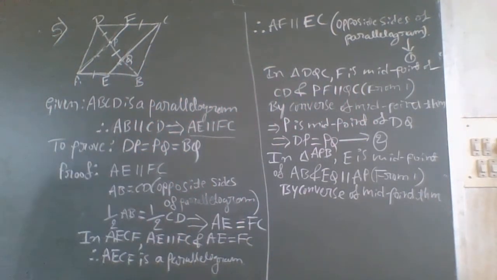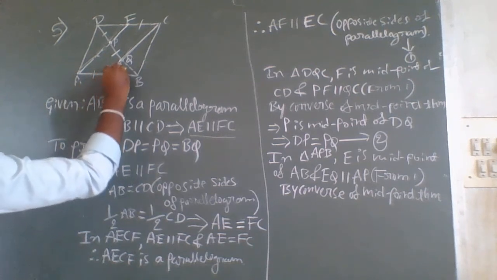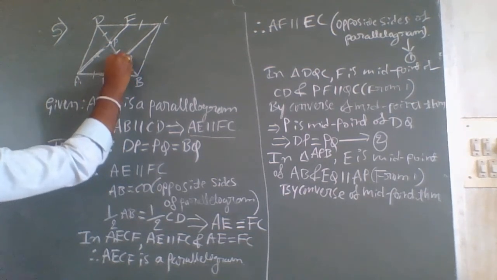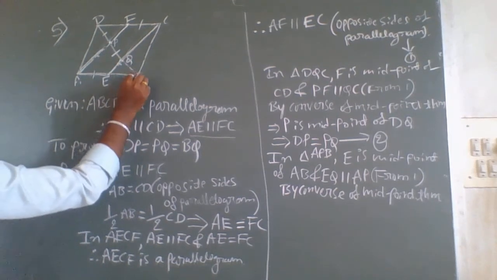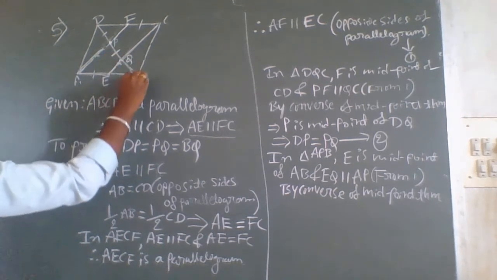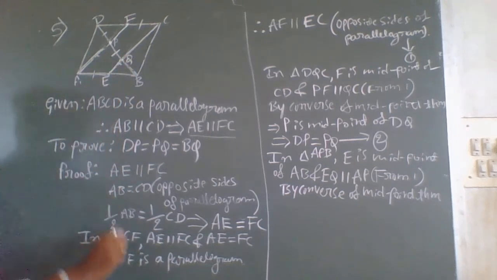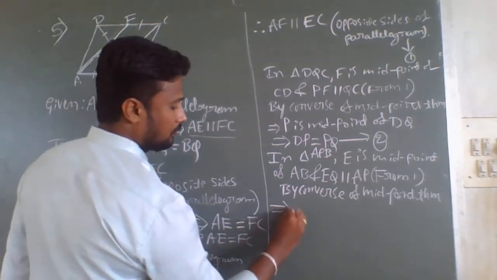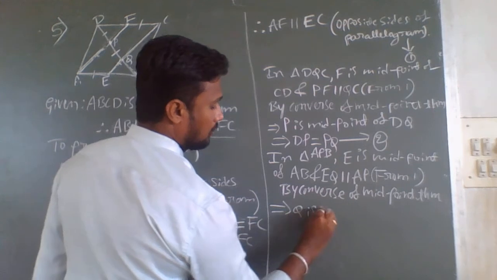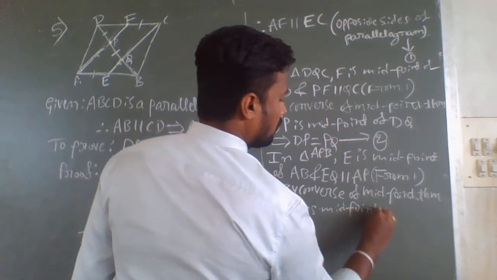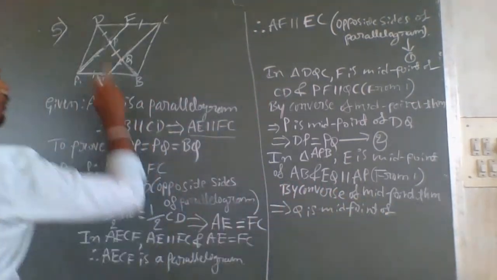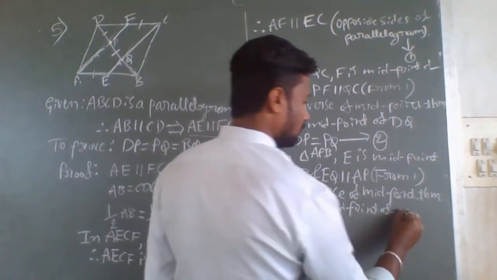This is the midpoint and these two are parallel, which means this Q should be the midpoint of side BP, or PB.